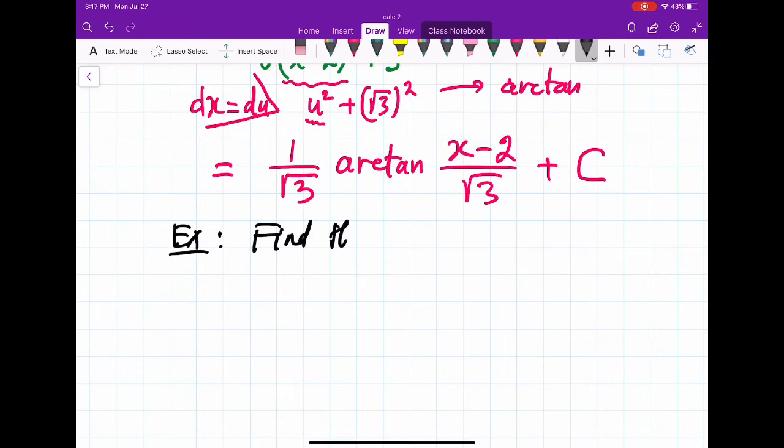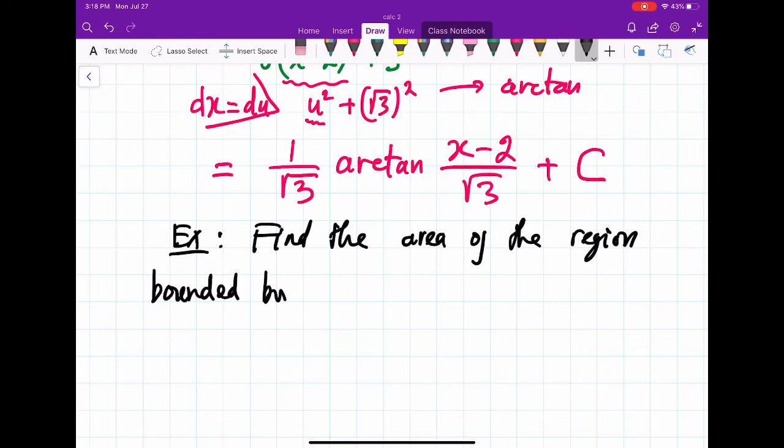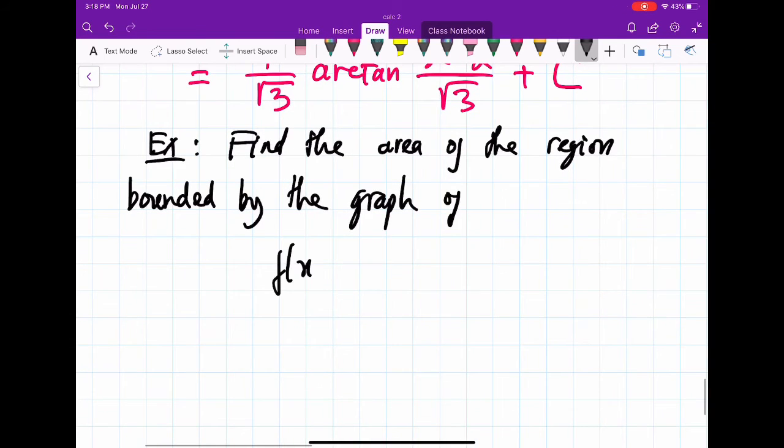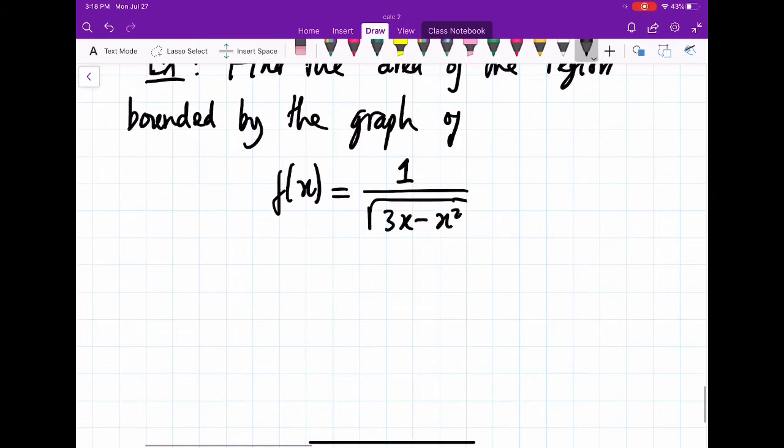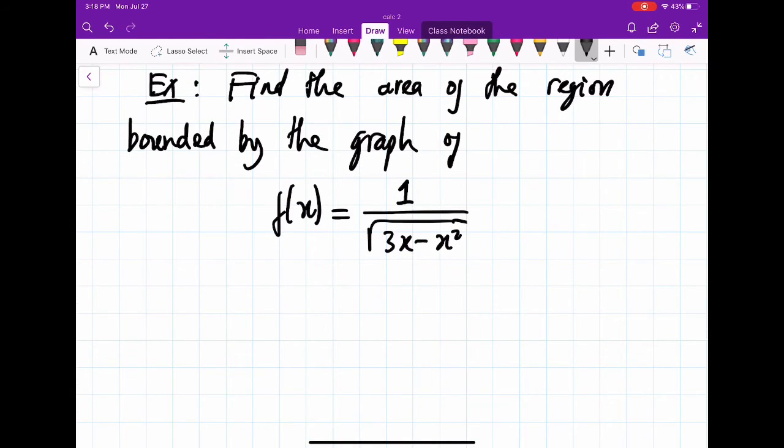Let's find the area of the region bounded by the graph of f of x equal to 1 over square root of 3x minus x squared, and the x-axis, the line x equal to 3 over 2 and x equal to 9 over 4.